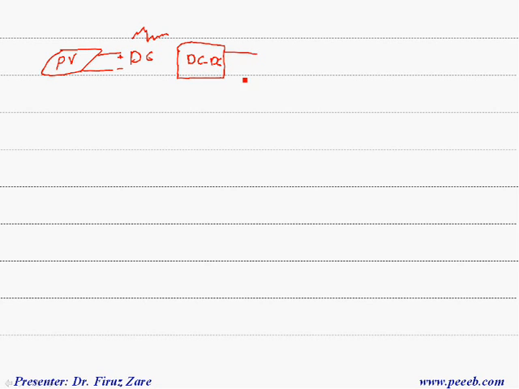So what we get here, we can also boost the voltage and regulate the output voltage. So the output voltage here is regulated, and for example we can get 400 volts here, suitable for the main DC to AC converter.